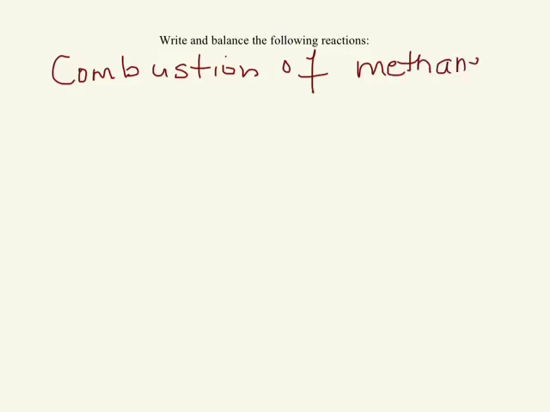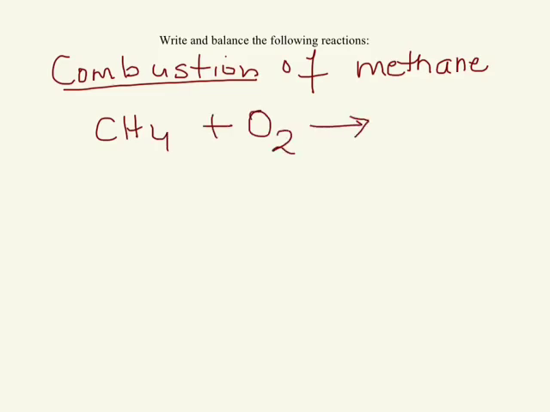let's practice writing some equations and then balance them. For example, if the question is to represent combustion of methane in an equation form. Combustion means burning in air. Methane is CH4, combustion is plus O2, and the products of combustion are carbon dioxide and water.